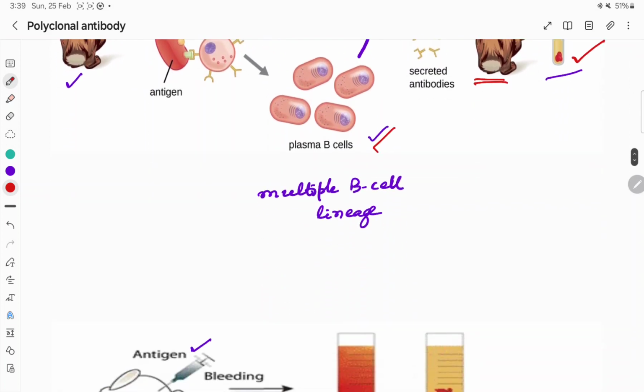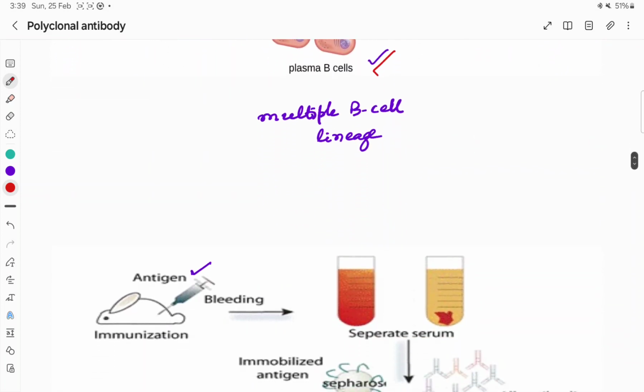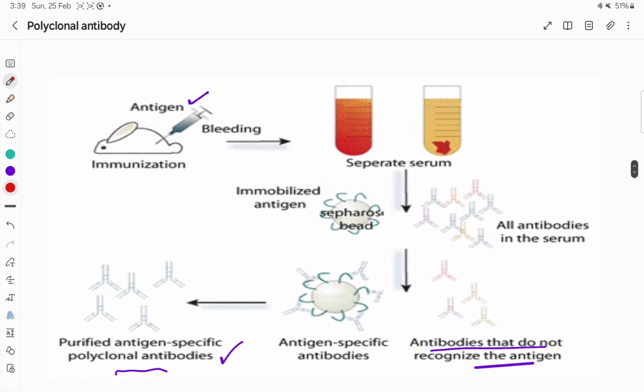What happens when we produce these polyclonal antibodies? In addition to the antibodies against the antigen, the serum also has antibodies that do not recognize the antigen. So from all the antibodies in the serum we collect, we have to collect the antigen-specific antibodies.